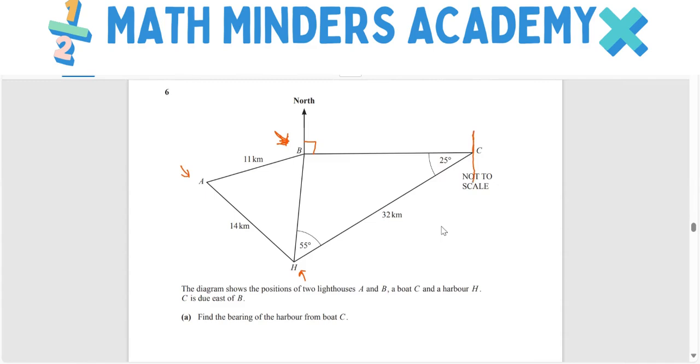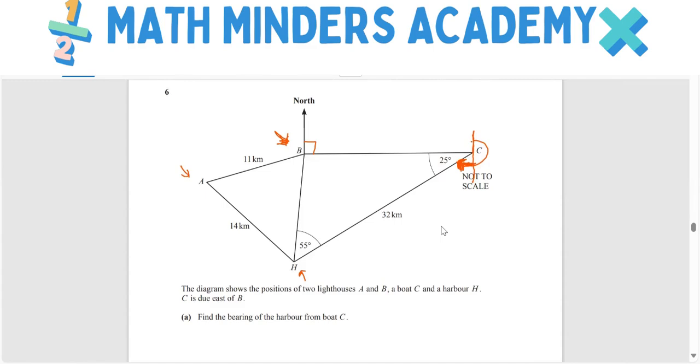What angle will I turn to get to this line that will bring me to the harbor from point C? I am going to turn around and make a particular angle. That is what we are looking for.